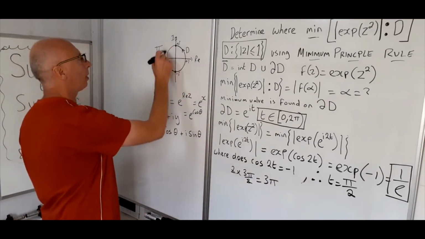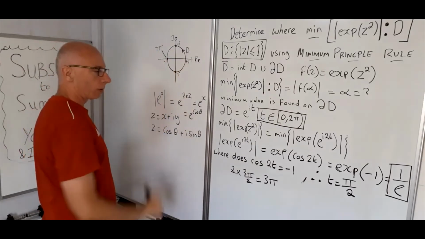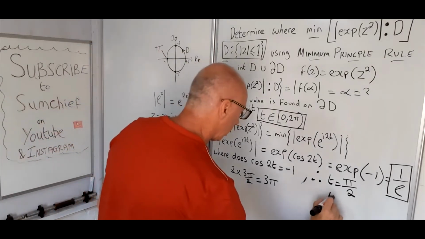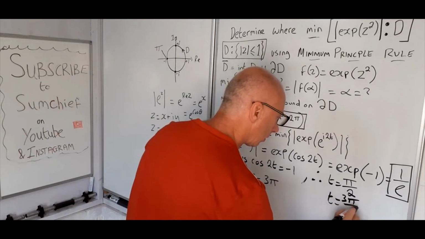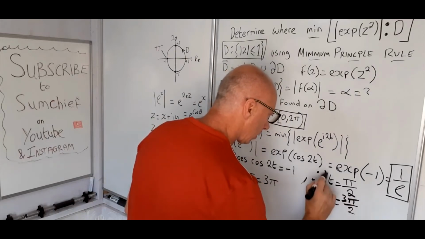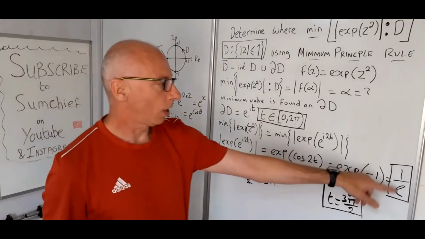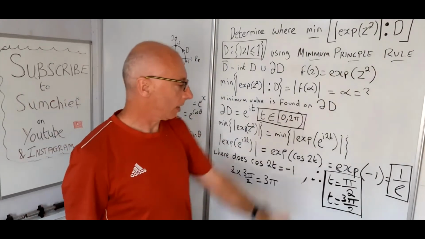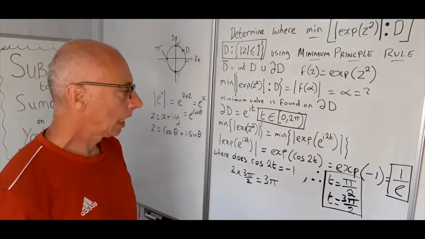But if we go around 3 pi, that's 2 pi and then back to there, so that's also the same point. So we could have t equals 3 pi over 2 as well. So these are the points where 1 over e is attained for this function on the set D: t equals pi over 2 and t equals 3 pi over 2.